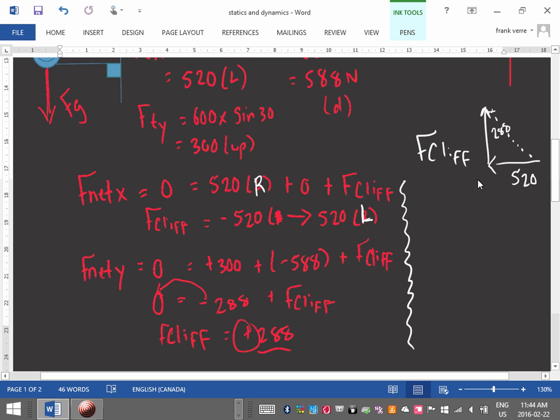Okay, so what is the actual force of the cliff? So the sum of the squares, yeah, it should be automatic for you guys now. So it's the square root of the sum of 288 squared plus 520 squared. What is it? 594.